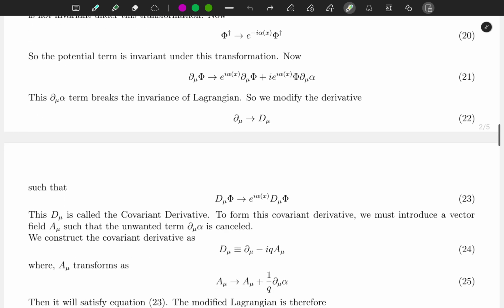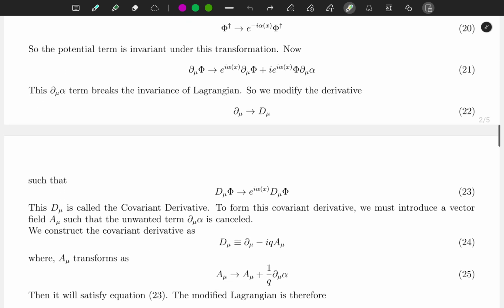But we want local gauge invariance. So if we want local gauge invariance, we have to modify the derivative. That is the only way. So we have to replace this partial derivative by some modified derivative that we call the covariant derivative. Capital D mu is called the covariant derivative.